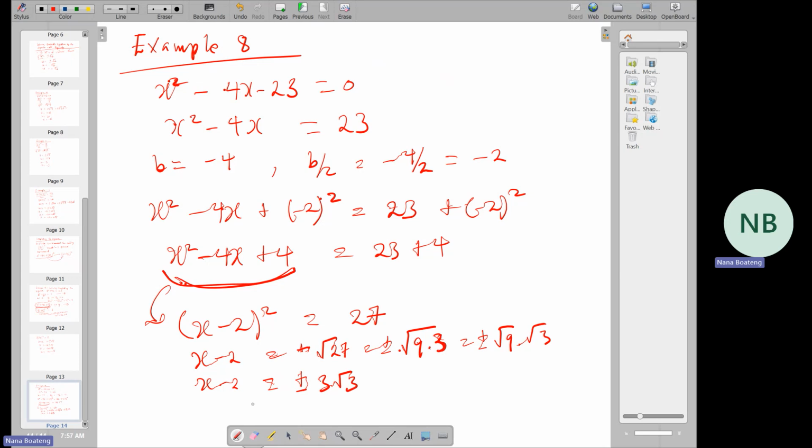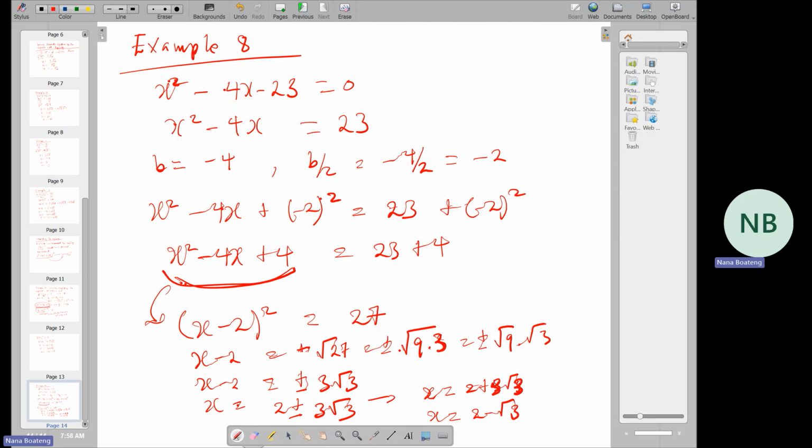So if we add 2 on both sides, then we see that x is equal to 2 plus or minus 3 square root of 3. And so this means x is equal to 2 plus 3 square root of 3, and x is equal to 2 minus 3 square root of 3.